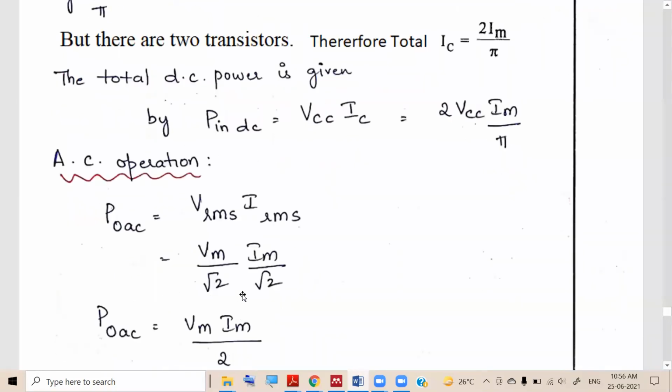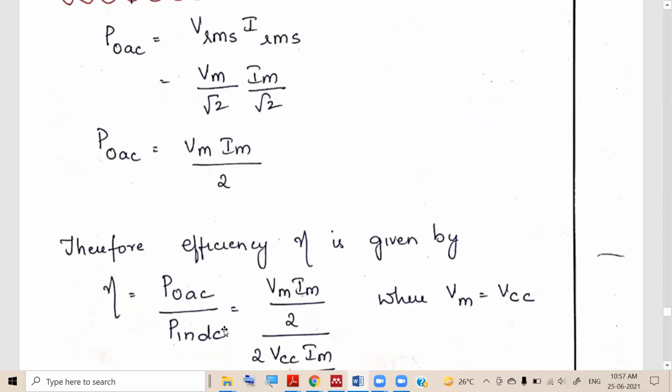Now tell me, what will be the efficiency? P naught AC, the output AC power, we got, and input DC power we got. So the efficiency is output AC power by input DC power, that is P naught AC by P in DC.